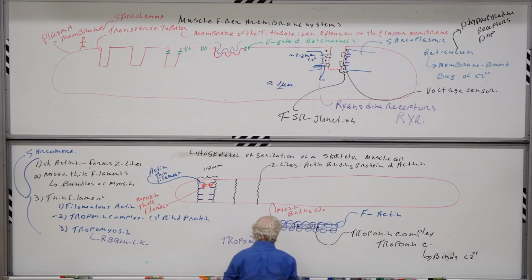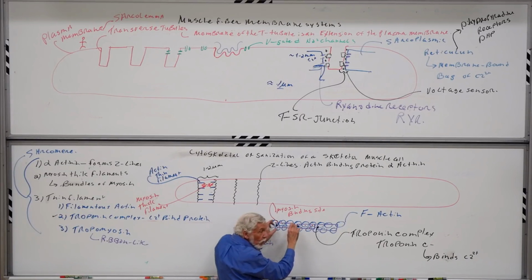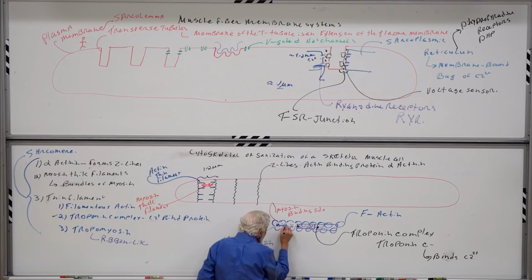Another way of thinking about this is that if you imagine my fist here trying to reach up and contact one of those myosin binding sites, it can't get there because this ribbon-like molecule is in the way. But when calcium binds to the troponin C, it changes the orientation of that tropomyosin so that it turns on edge.